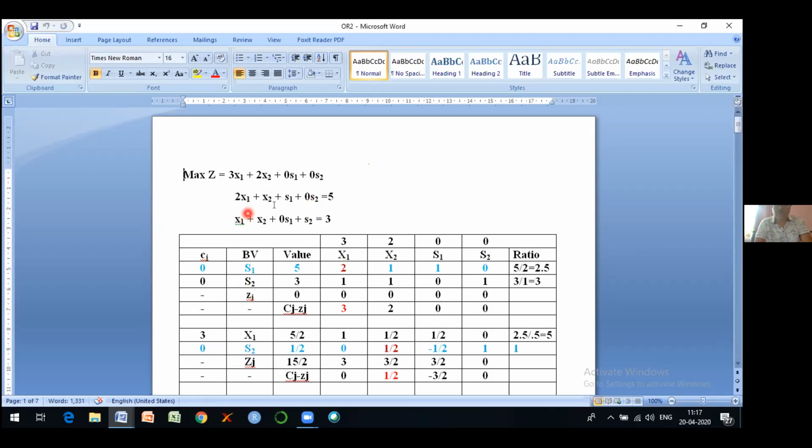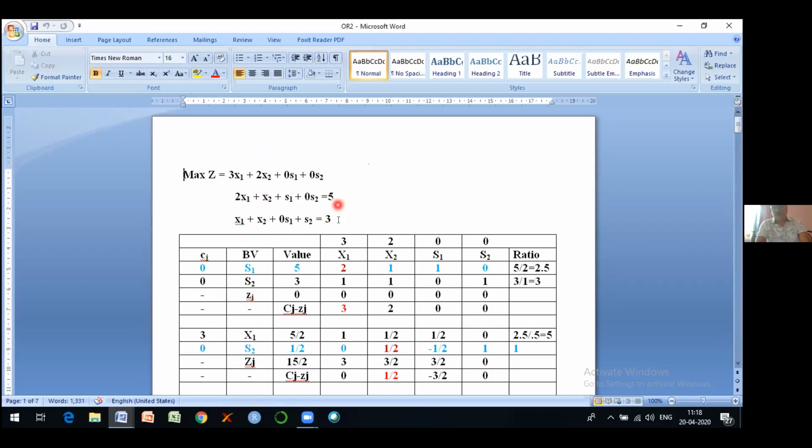So 2x1 plus x2 plus s1 plus 0 s2 equal to 5. In the second constraint, the s1 coefficient will be 0 because we require s2. Therefore, we write x1 plus x2 plus 0 s1 plus s2 equal to 3.